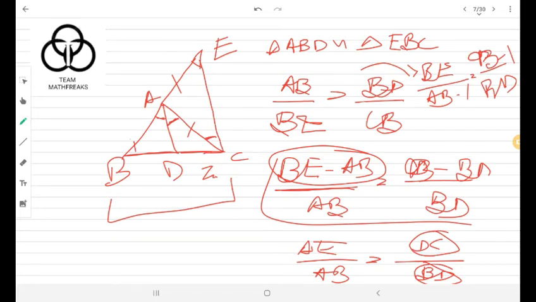AE is what? AE equals AC, we have already proved it. AC over AB, corresponding sides. CD over BD equals AC over AB. Is it clear? I hope it's clear.